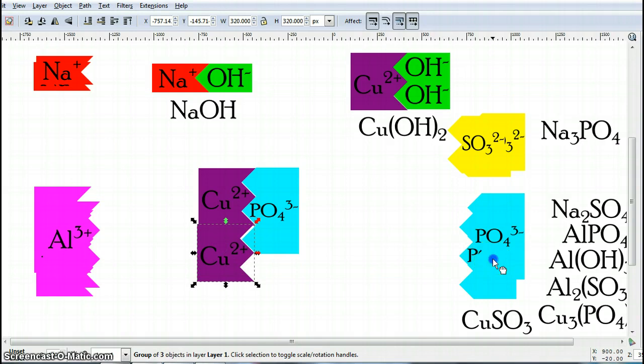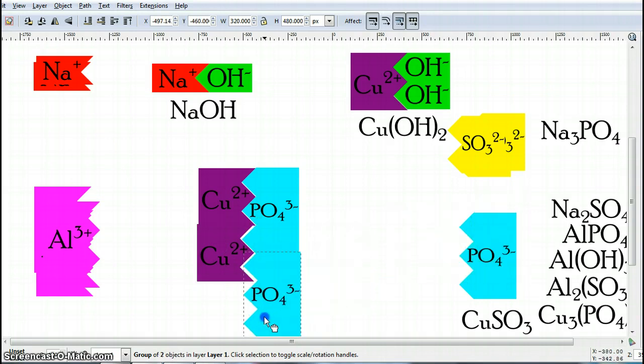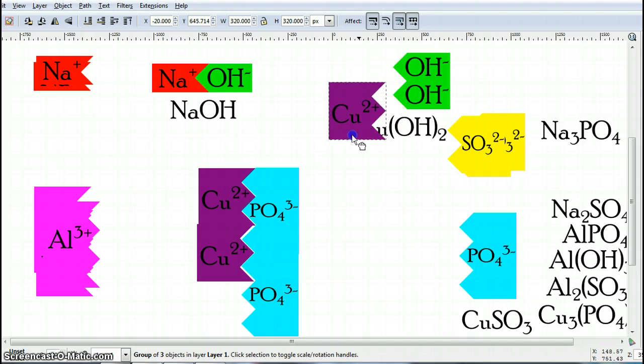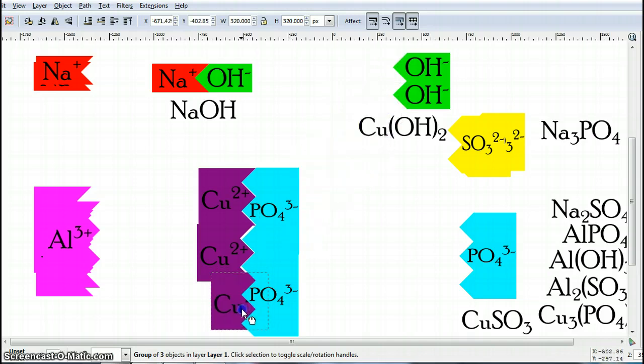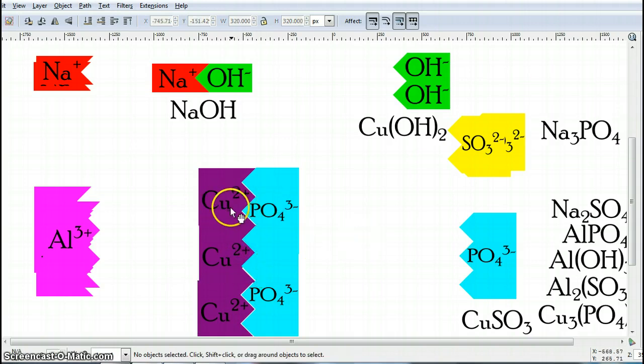And just like before, now I have too many coppers but not enough phosphates, so I put another phosphate here. And then finally, I need another copper, so I'm going to steal this compound that we made before and put the copper over here. And we would see that we would fill in all of the gaps by having 3 coppers and 2 phosphates. So this guy's name would be copper 2 phosphate.